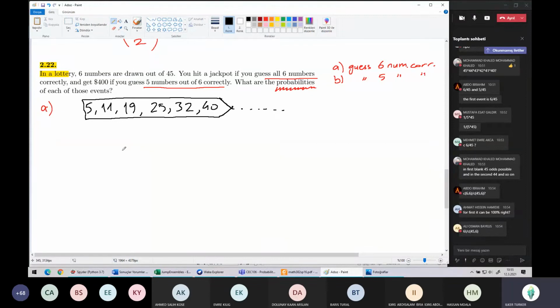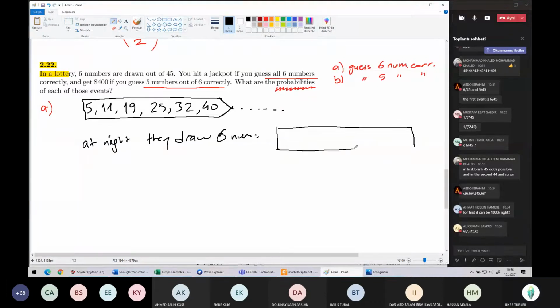Give it. At night, they draw 6 numbers. For example, they are correct numbers. For example, they draw 5, 10, 19, 20, 32, 40.